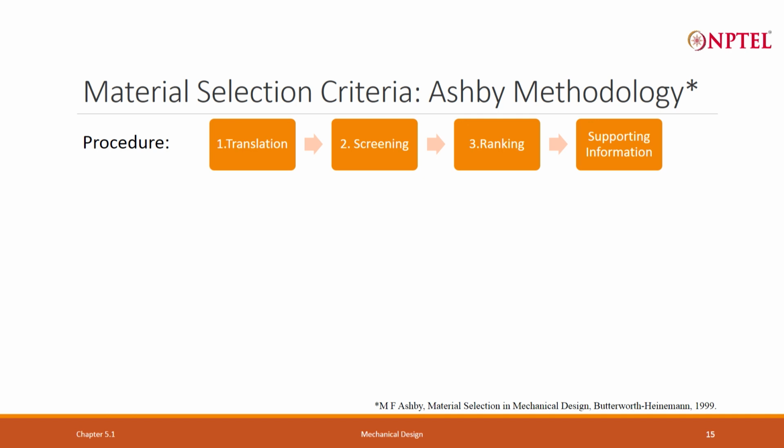Screening is nothing but common sense about what material I should use, based upon experience or based upon the data available. Ranking is whatever material we have screened, we now put in the objective function and get a value known as the material index.